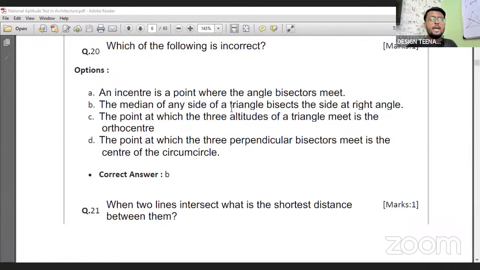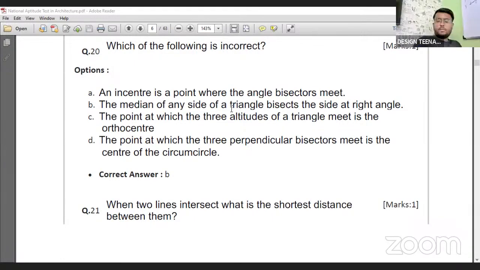We can have triangles with different shapes also. There might be a triangle which looks like this. Now, if we need to find the median, it is not very possible that it will go straight like this. That might not be at right angle. So there is a possibility, hence it is the wrong answer. Clear?